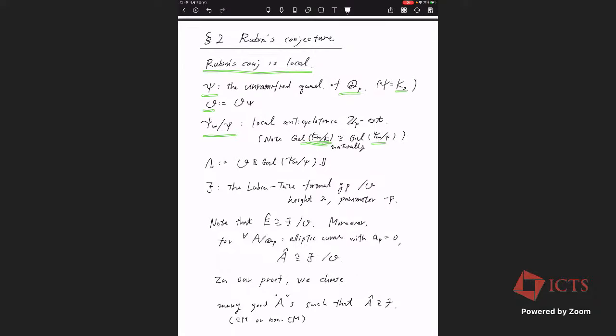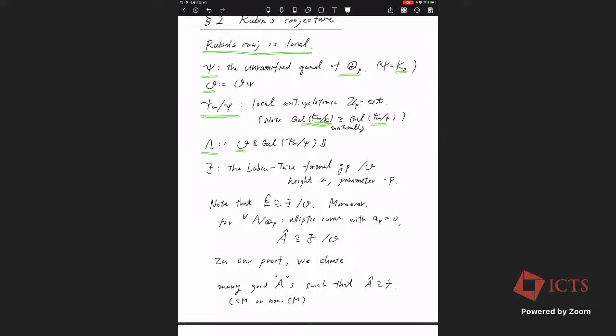Anyway, Rubin's conjecture is local, so we consider the local anticyclotomic Z_p-extension, and let Λ be the Iwasawa algebra with coefficients in O. We fix the Rubin-Tate formal group F over O of height 2 with parameter -p.